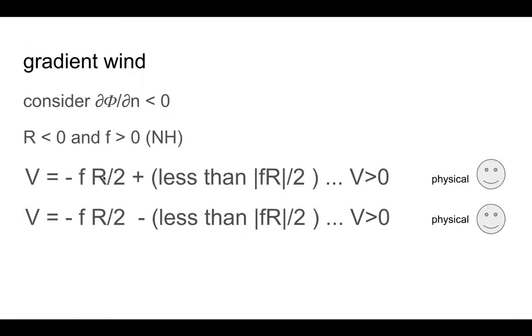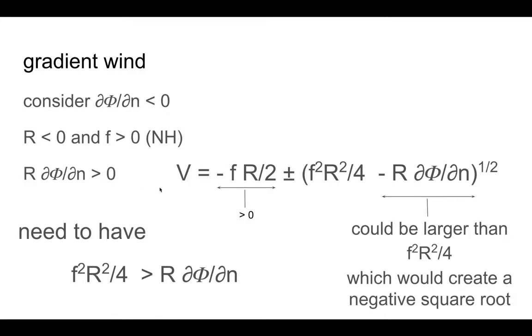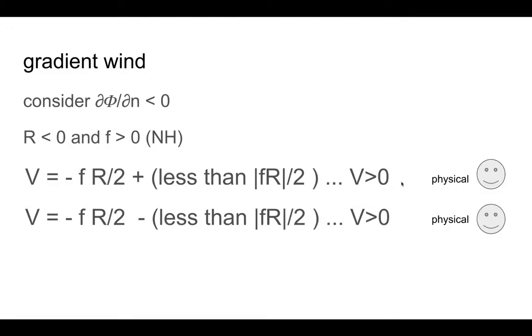And with the negative R, I forgot to mention, then minus fR over 2 is positive. So we're going to be adding and subtracting to that a value that's smaller than this first term. And so we should get a physical situation in both cases.